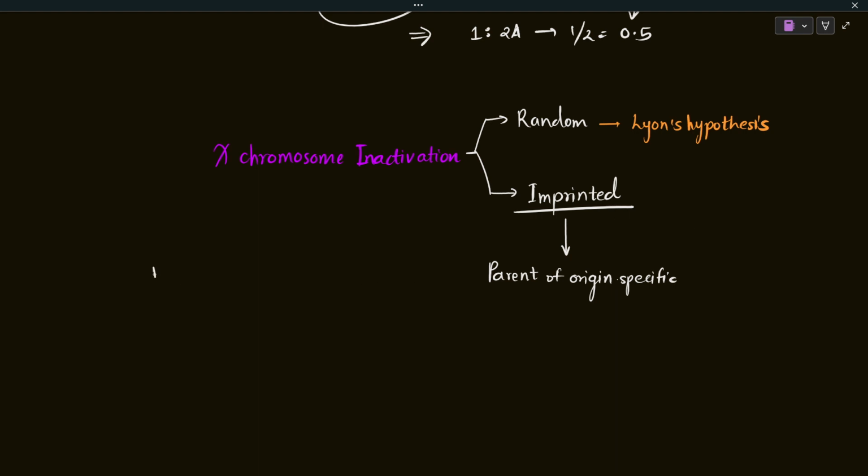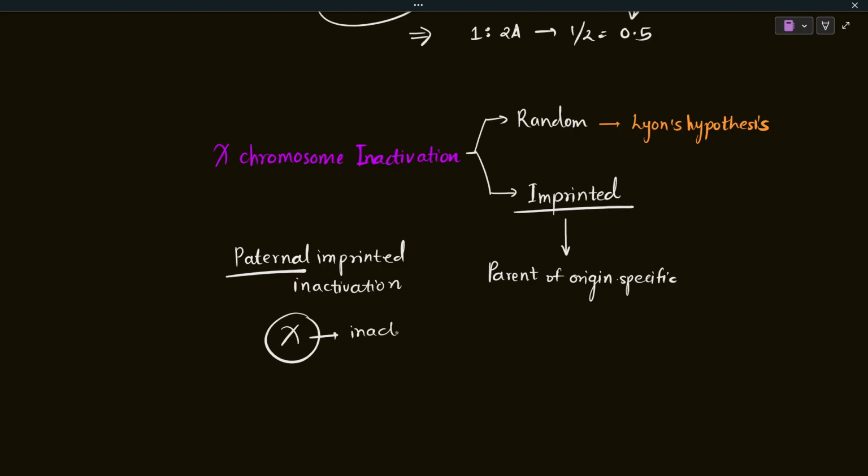So for example, paternal imprinted inactivation is seen in humans. Okay, this means it is paternal imprinted, means the copy which is inherited from the father, the paternal copy of the X chromosome, will be inactivated.